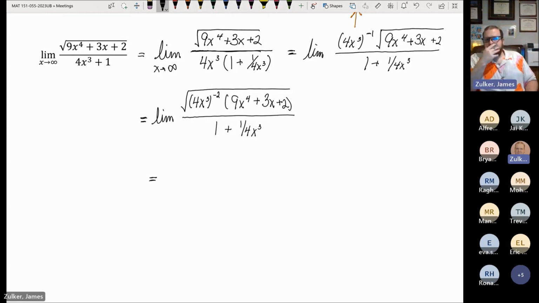Okay. Well, 4 squared is 16, right? So that 4 to the negative 2 acts like 1 over 16. X cubed squared would be x to the 6th. So this term would be 1 over 16x to the 6th.